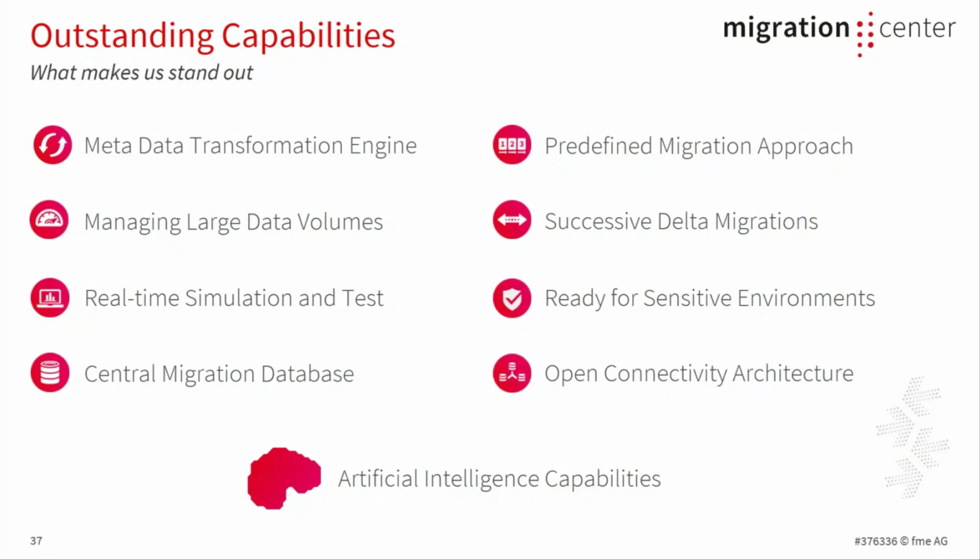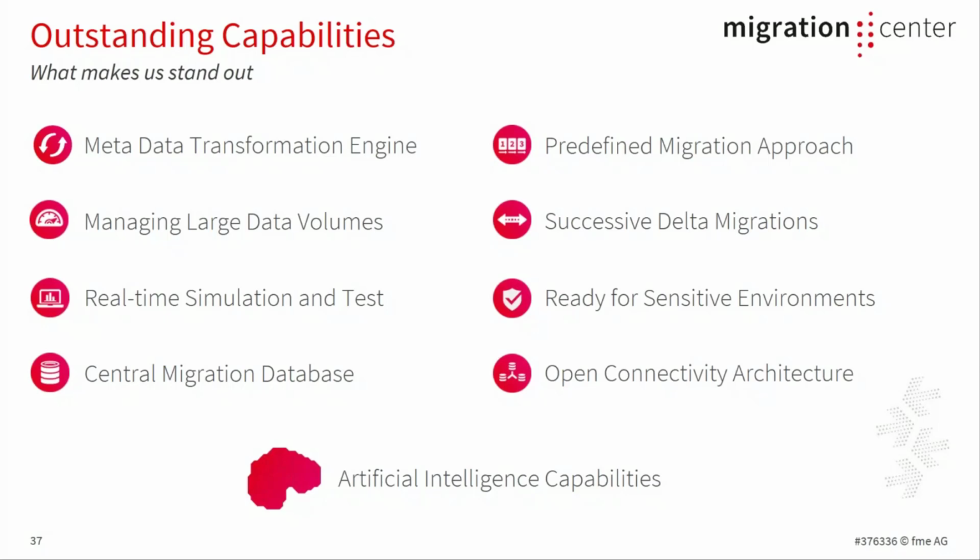As I mentioned, it's also a fit for regulated environments, with our migration audit trail, the history database, which shows exactly what happened during a migration, and finally, the API, which we have in place to build connectors based on our migration platform.